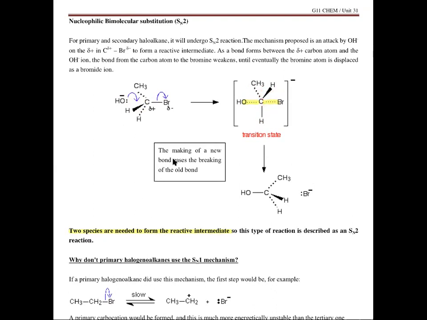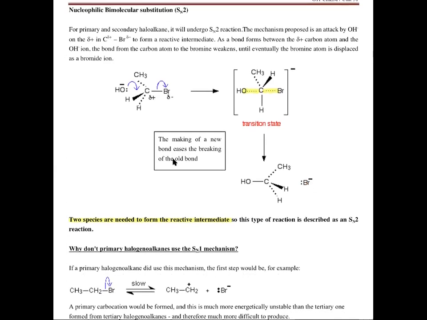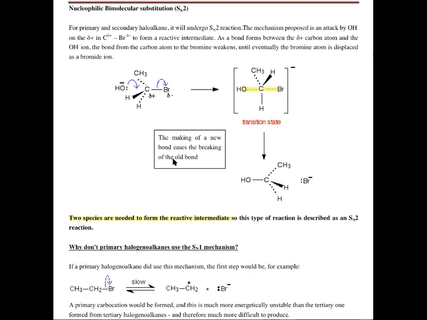Then as the C-Br bond is weakened, the bromine leaves eventually as a bromide ion. So remember, primary and secondary haloalkane prefer to go through this SN2 mechanism.